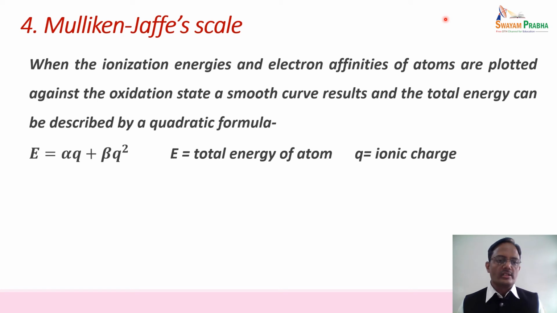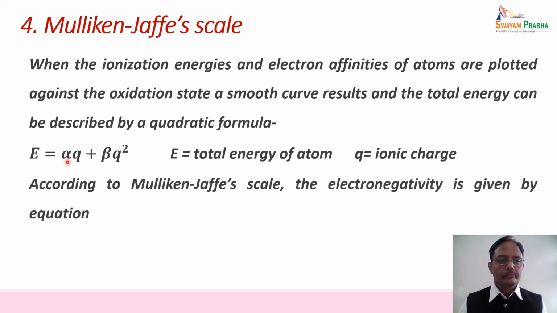The quadratic formula is given by E is equal to alpha Q plus beta Q square, where E is the total energy associated with the atom and Q is the ionic charge. Alpha and beta are constants. This is related to the oxidation state. Q, the ionic charge, is the oxidation state of an atom.